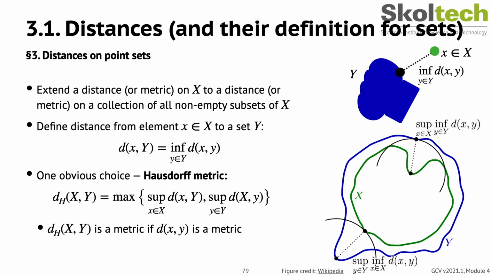The Hausdorff measure defines distances between sets X and Y as the maximum of two quantities: the maximal distance between x and Y taken over X, and the maximal distance between X and the point y over this second set Y. It does not take into account the overall structure of the point sets and is very sensitive to extreme points in the sets X and Y, because it is relying on the supremum.